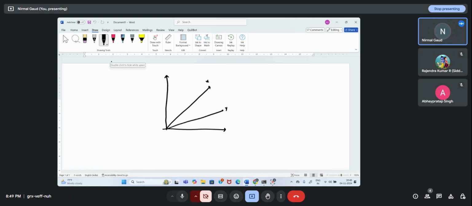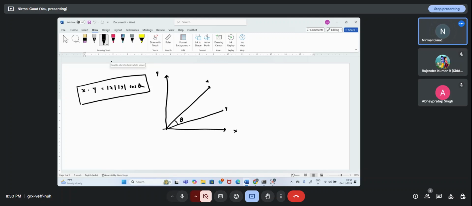This is x and y. This is angle theta. Okay, this is my x axis, this is my y axis. So, in vectors, what we have learned, if there is an angle theta between them, then x dot y, that is the dot product of the two vectors, is given as mod of x mod of y cos theta, where theta is the angle between the two vectors. We have seen this formula.